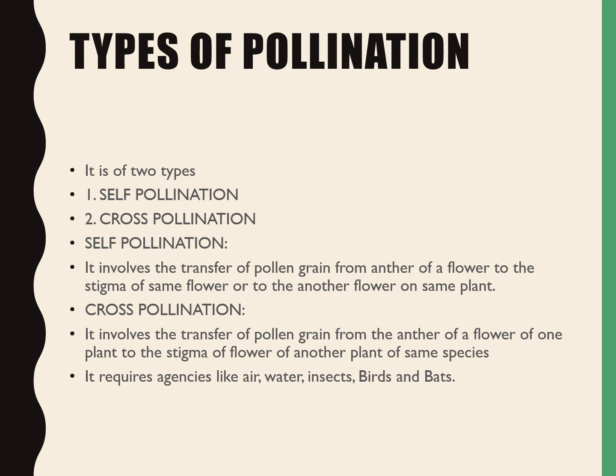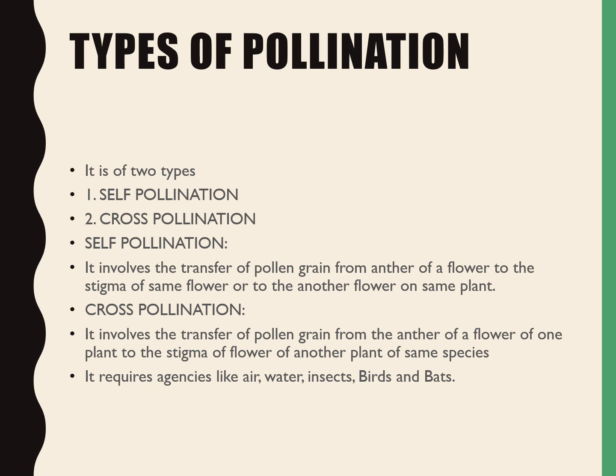But if the anther is blown or uses any agency and reaches another flower, this will be cross pollination. So we can summarize: self pollination involves the transfer of pollen grain from the anther of a flower to the stigma of the same flower. The word same is very important. Or to another flower on the same plant. The plant should be the same.